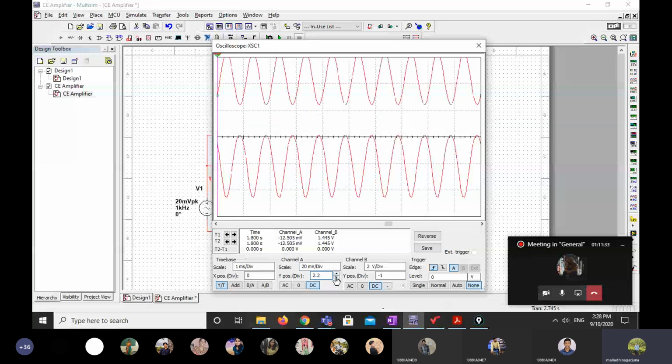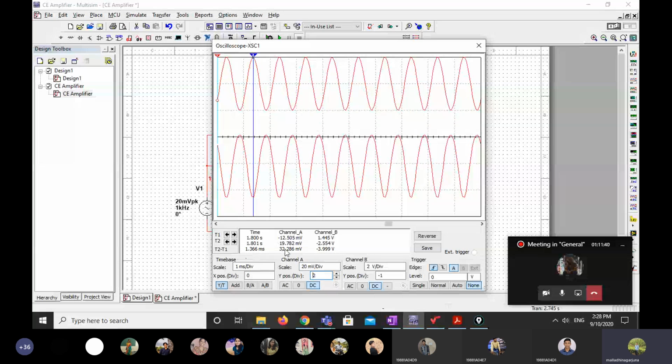I'm giving 20 milli peak, so peak to peak is 40 milli. You see the result here: minus 19.663 millivolts is the negative peak and the positive peak is 19.6, so total peak to peak is about 40 milli, 39.02 approximately. So the input is 40 milli here.